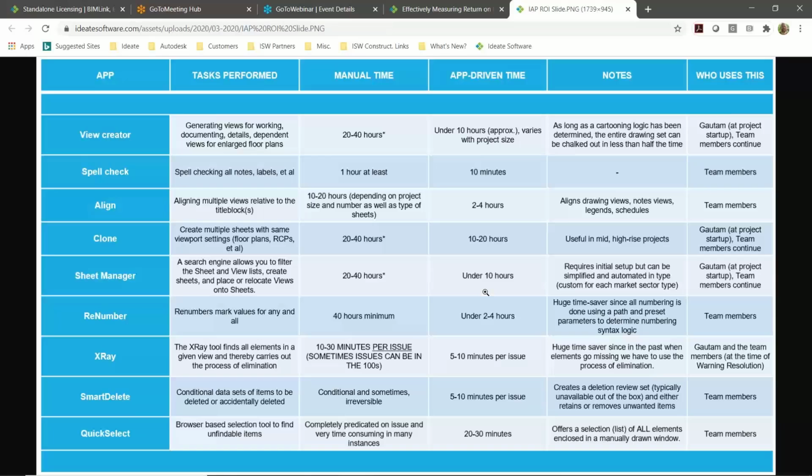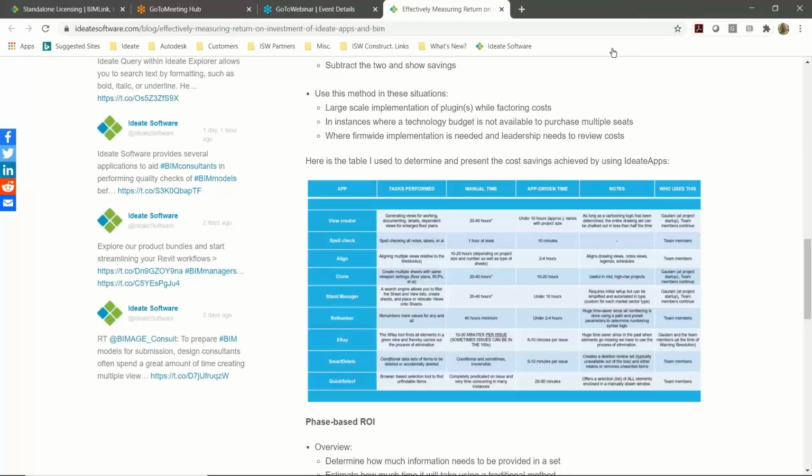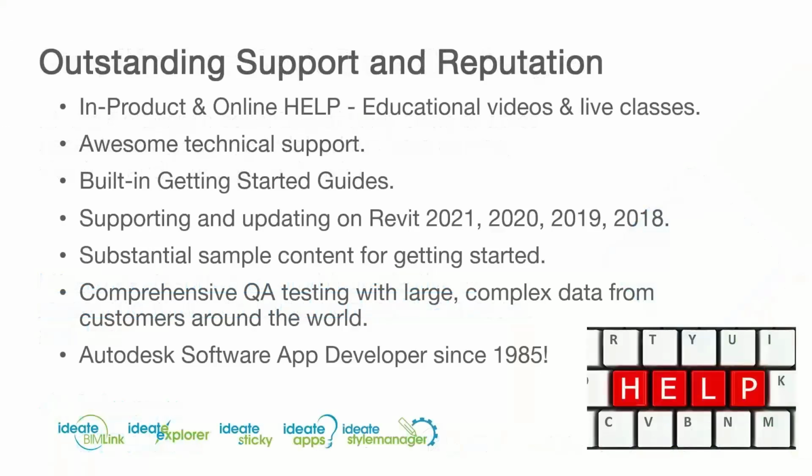I'm going to click on this image, which makes it larger. It goes through each of the 9 tools in IdeateApps. It talks about how much time they were spending, how much time they saved by using IdeateApps, and some notes on who uses it. So it's a really nice little return on investment for IdeateApps, and I would encourage you to take a look at that.